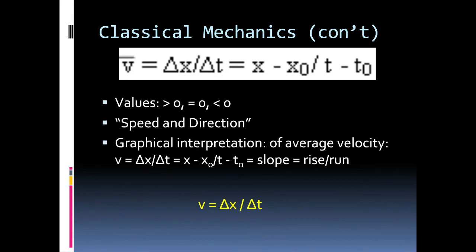The values for average velocity, again, can be positive, negative, or 0. You can think of it as speed and direction. And if you have a graph of position versus time, the slope of that line is the average velocity. I really should have a bar over this v or put a subscript v average, but it's understood if these are deltas that this is the average.